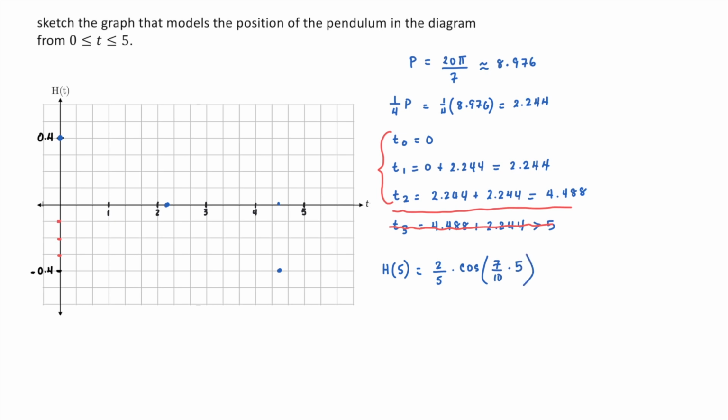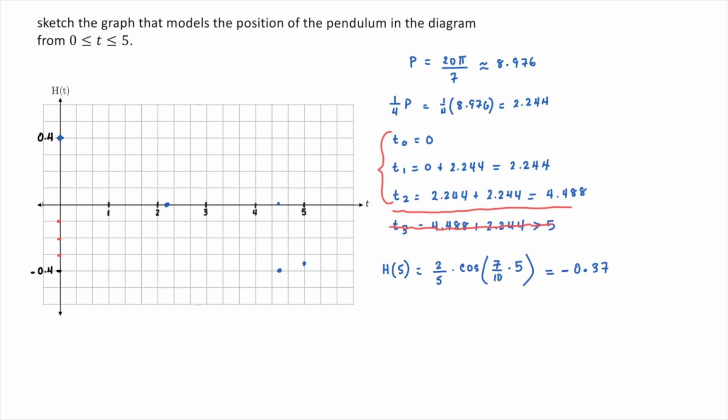When you enter all that in the calculator, you're going to get minus 0.37. So when t is 5, we're going to be really close to negative 0.4, but not exactly at negative 0.4.